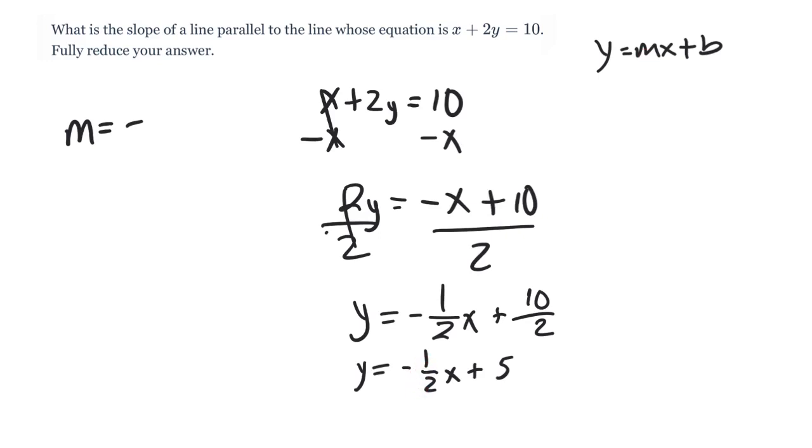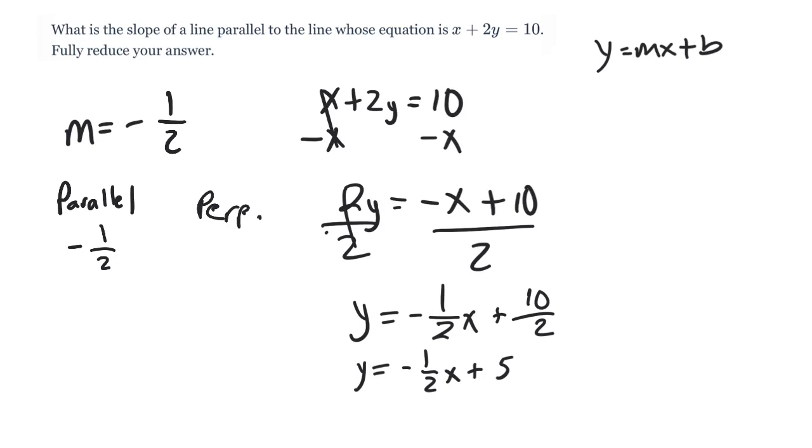This value here is going to be negative 1/2 for that line. So for any line parallel, it's also going to be negative 1/2. And let me move it out a little bit. I don't like my negative being just on top or bottom. I like it out beside. Means the same thing, but that's not as proper.